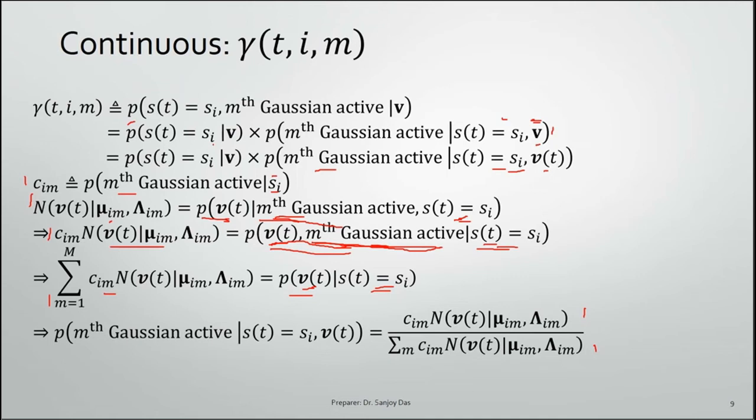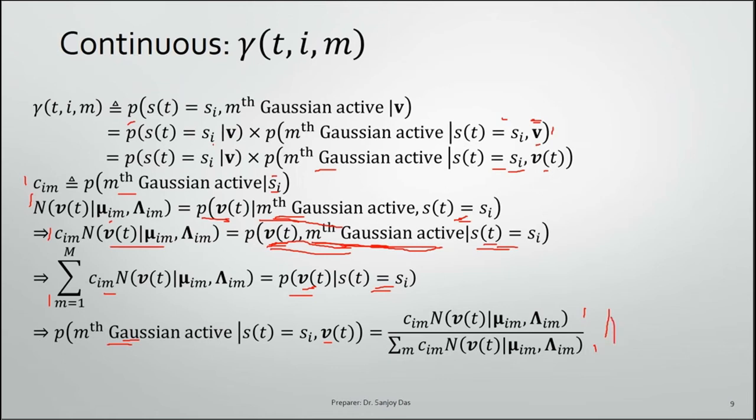Therefore, the ratio is equal to the probability of the mth Gaussian being active, and this Vt becomes part of the condition. So now we are left with this expression, the probability of the mth Gaussian being active given St equals Si, comma Vt.